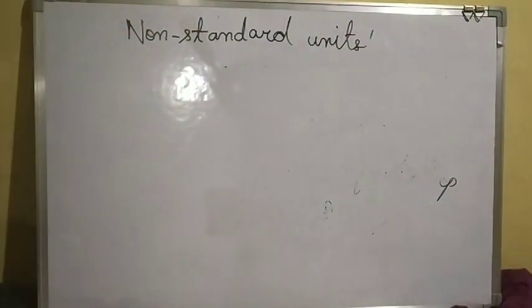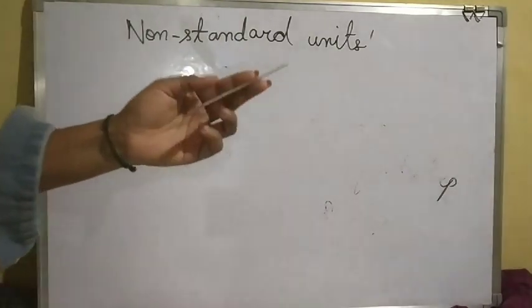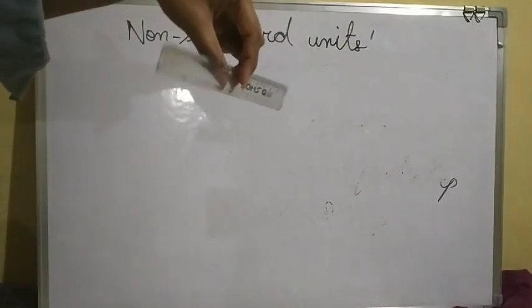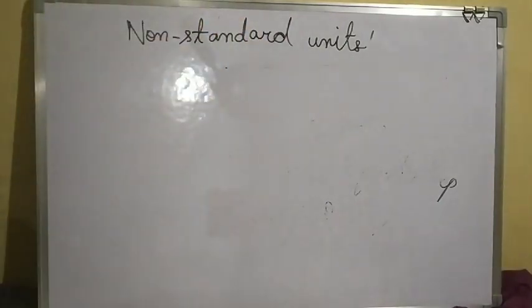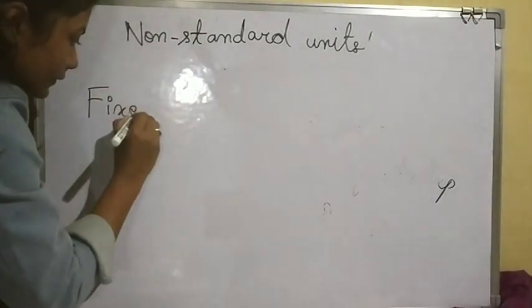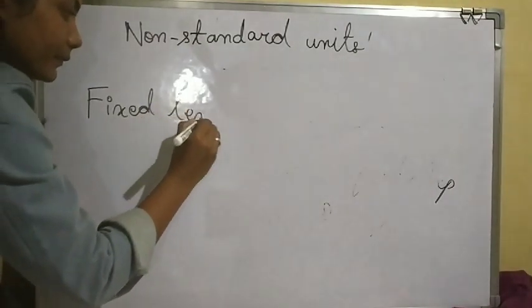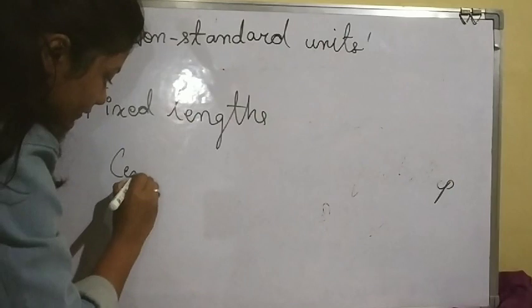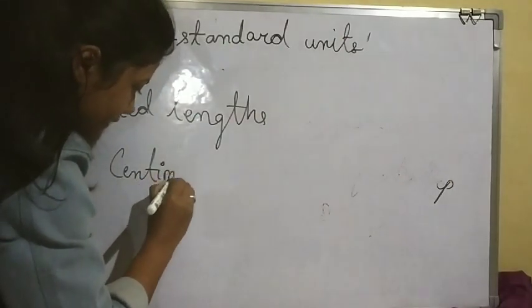That is why now we use the scale to measure the objects. So a fixed length, that is centimeters.